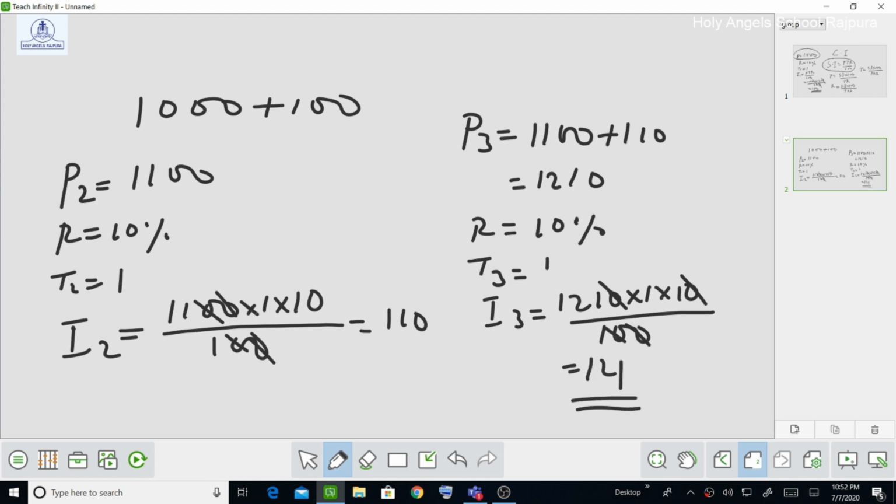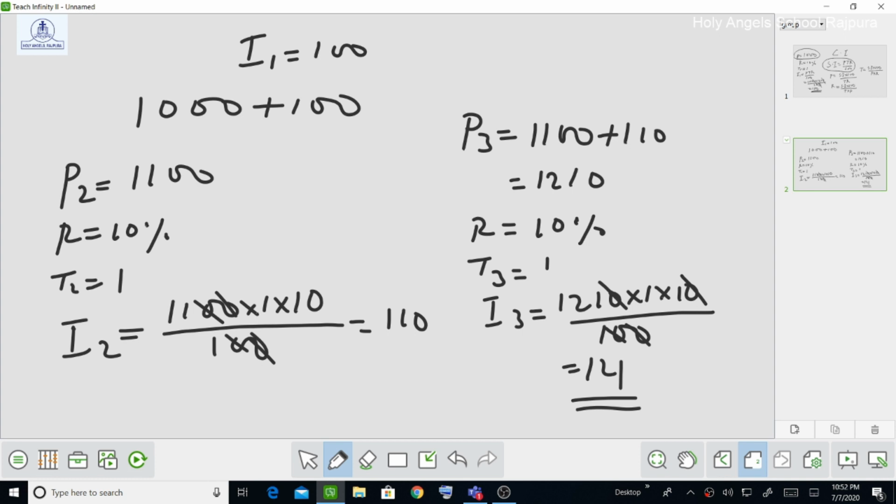So you see, every year the interest keeps on increasing. First year it was 100, that is I1 is equal to 100, I2 is equal to 110, I3 is equal to 121.